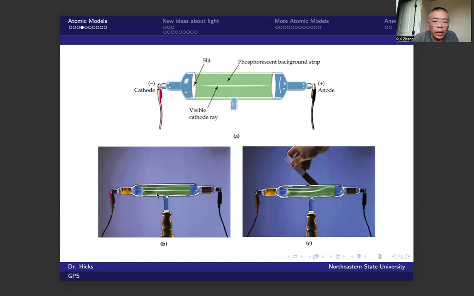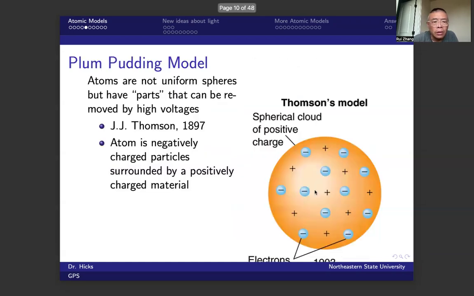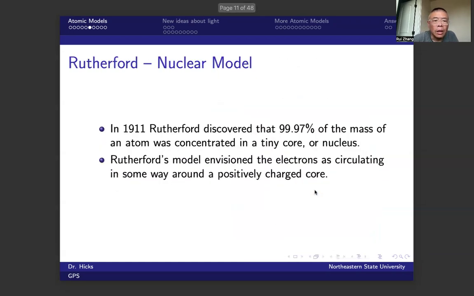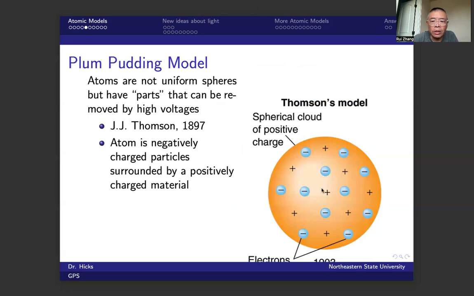This ray can be deflected if you put a magnet around it. That means the ray is charged. So essentially this is a ray of electrons. From there, people realized there's something with negative charge in the atom. But this model actually is not correct.